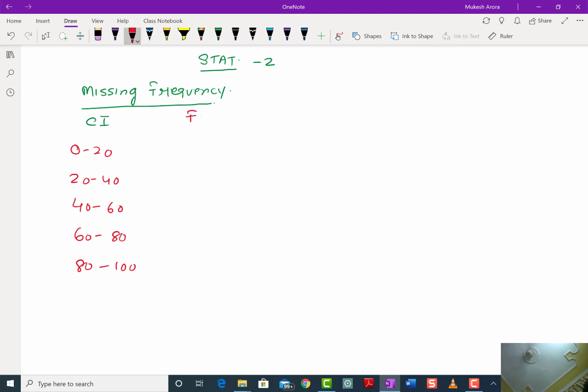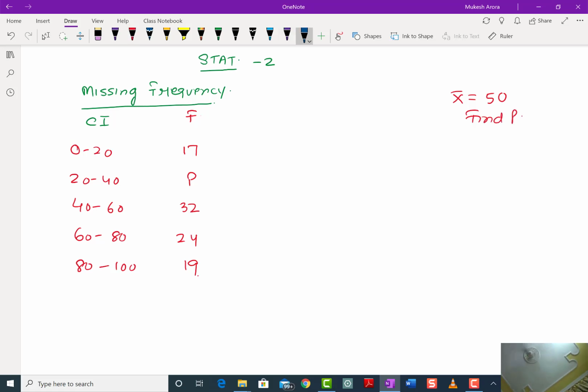The frequencies given are 17, P, 32, 24, and 90. The mean is given as 50, and we have to find the value of P.